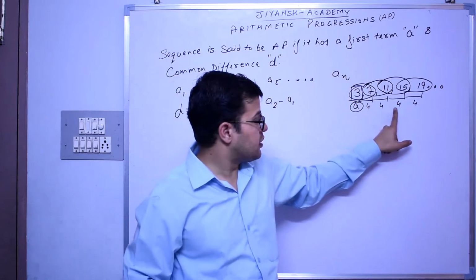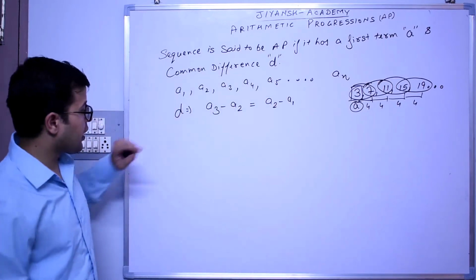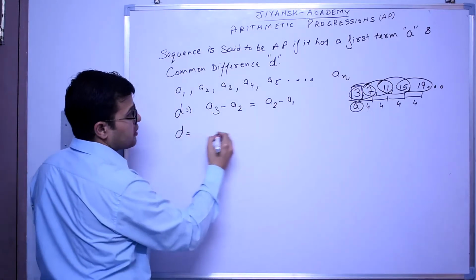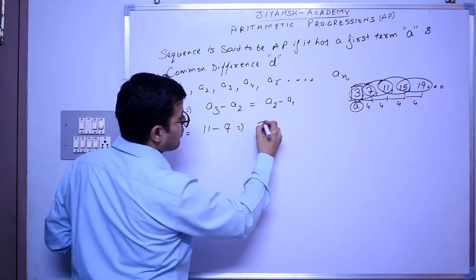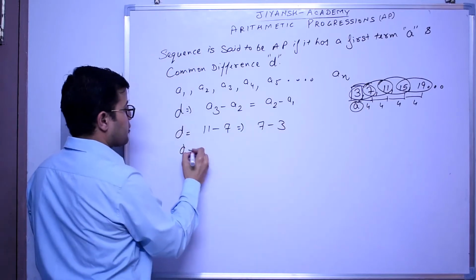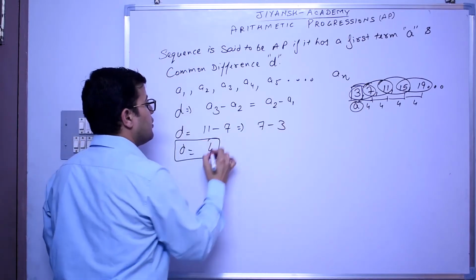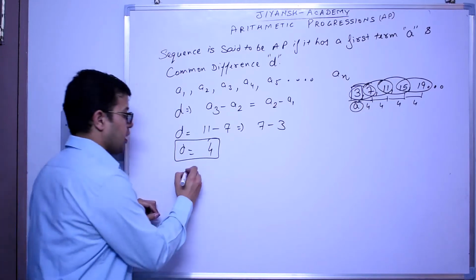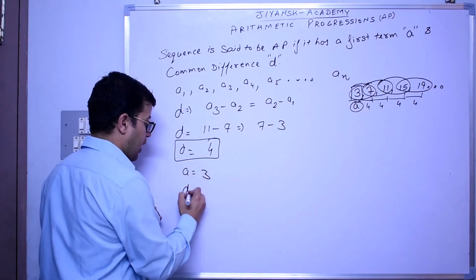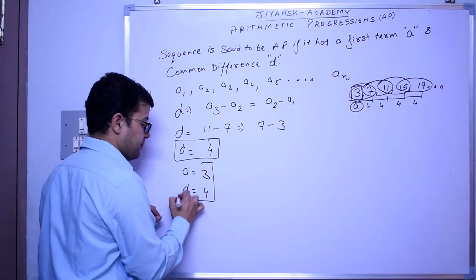Since the difference is 4, I will write that D, that is A3 minus A2, 11 minus 7, should be equal to 7 minus 3. So D comes out to be 4. So common difference is 4. So yes, this will be an AP with A as 3 and D as 4.